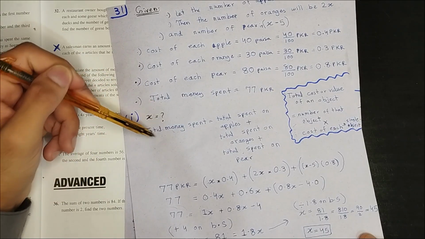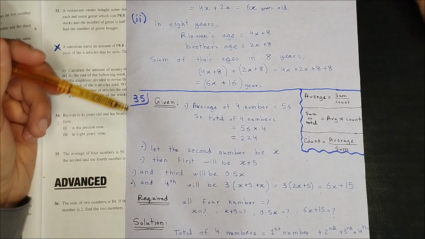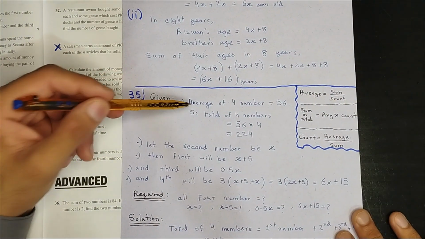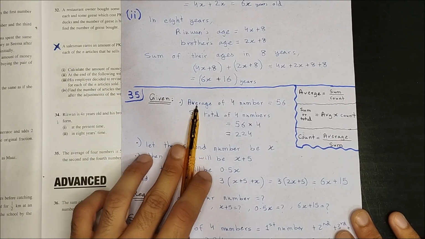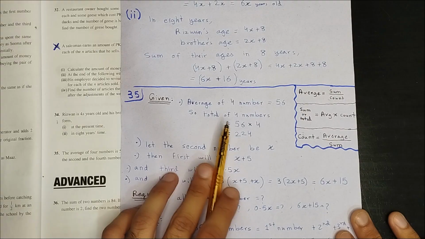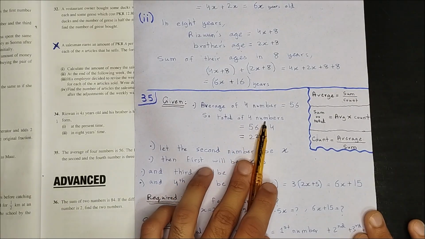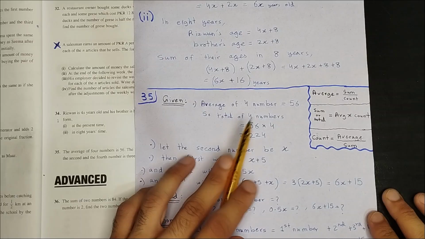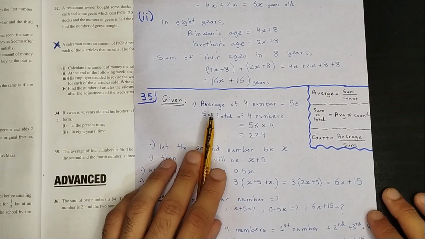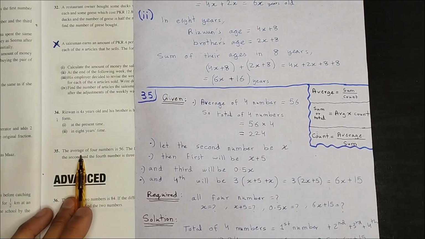The thing is, whenever we have a total, we can simply find an equation from that. The purpose of average here is for us to find the total of 4 numbers, and once we know the total of 4 numbers, we will be able to find the 4 numbers. Okay, first of all, the average of the 4 numbers is 56, just like the question said.